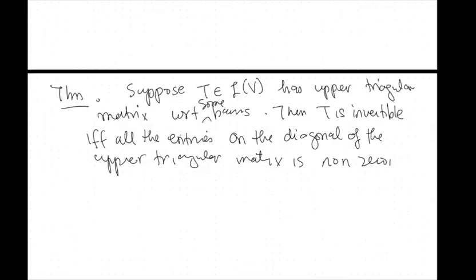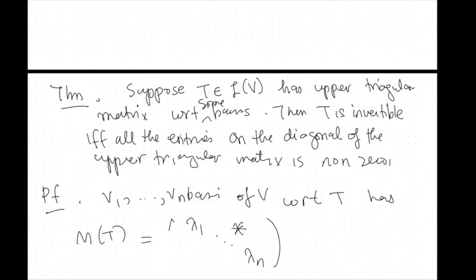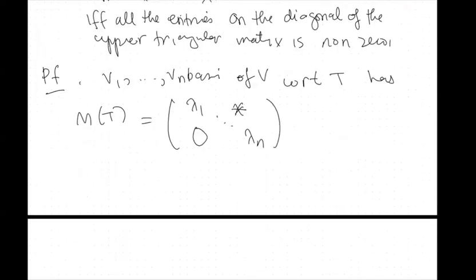Okay, we will prove this. This is long. So we assume the existence of the basis b_1 to b_n of our V, with respect to which T has a matrix given by lambda_1 up to lambda_n on the diagonal, and then here the non-zero part, and down the zero part.